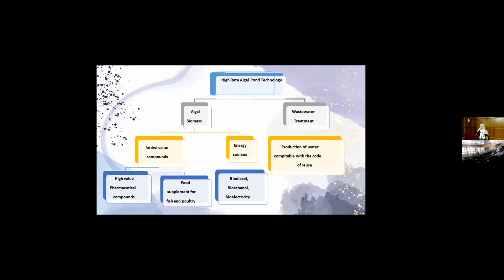And at the same time, we have the algal biomass. The algal biomass is potential for several industries. Firstly, the first branch is the energy source, where we have biodiesel, bioethanol, and bioelectricity. And the other branch is the added value.